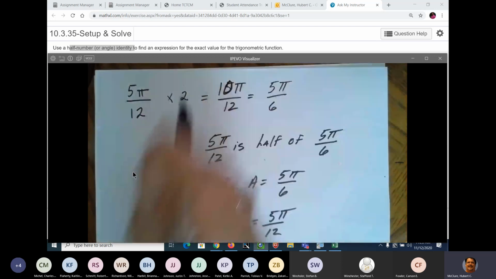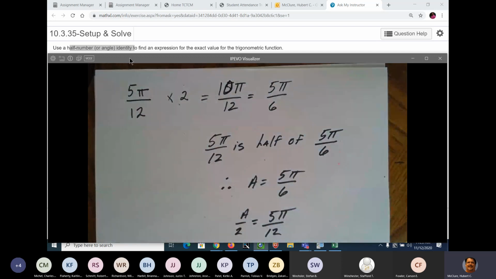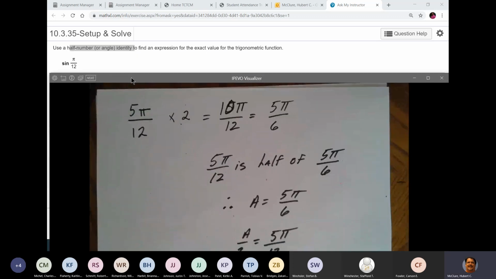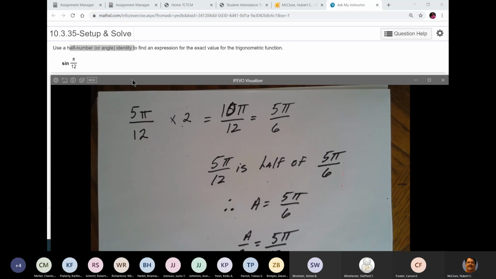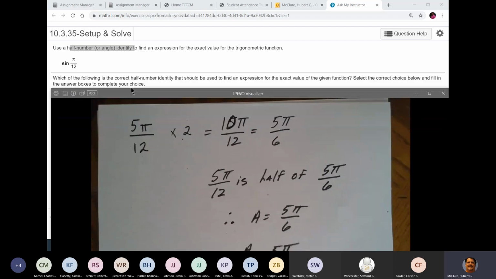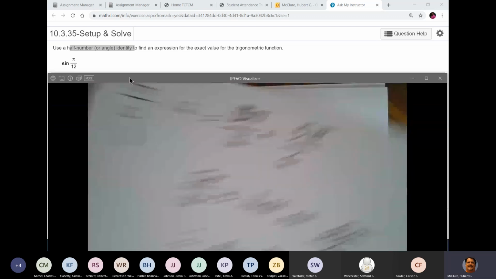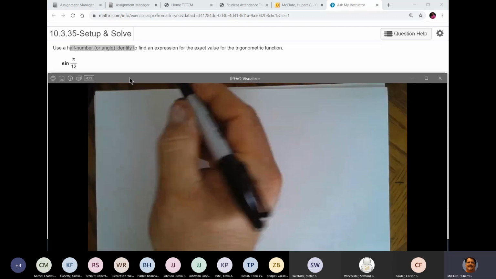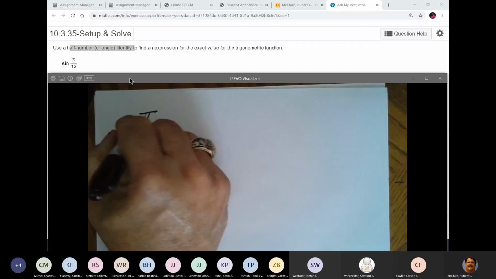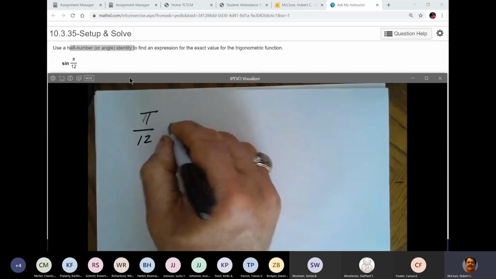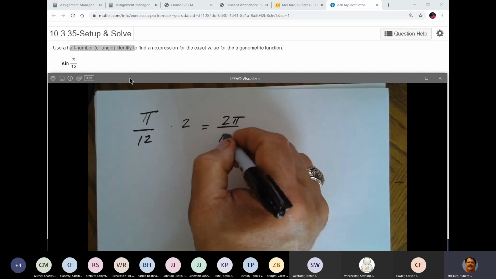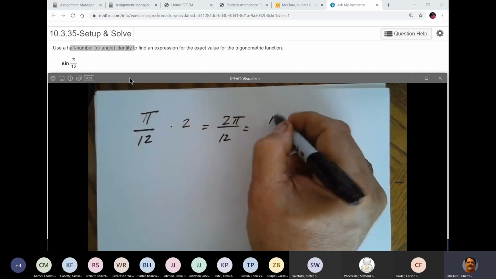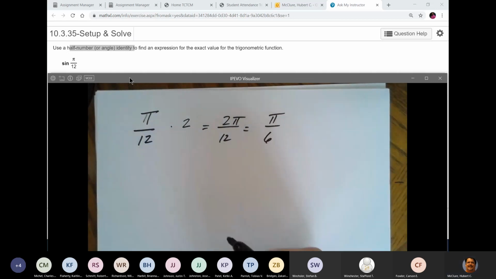On this problem right here, you would multiply pi over 12 by 2, and that gives you 2 pi over 12, which is pi over 6.